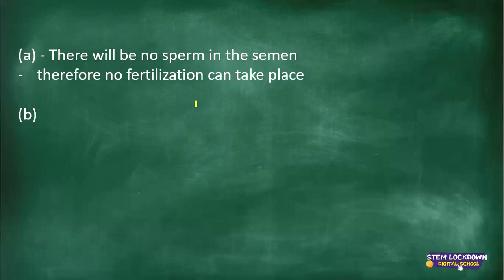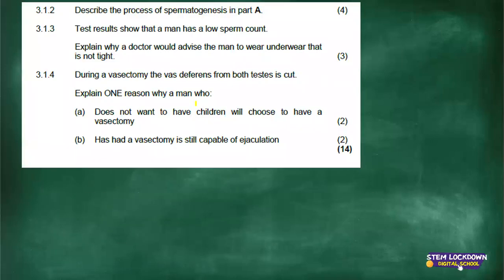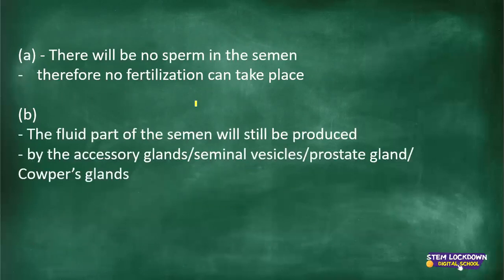And then B, which is dealing with the topic here: this man has had a vasectomy but is still capable of ejaculation. Why? The fluid part of the semen will still be produced by the accessory glands, the seminal vesicles, the prostate gland, or also the bulbourethral glands. So all these glands will still produce semen.